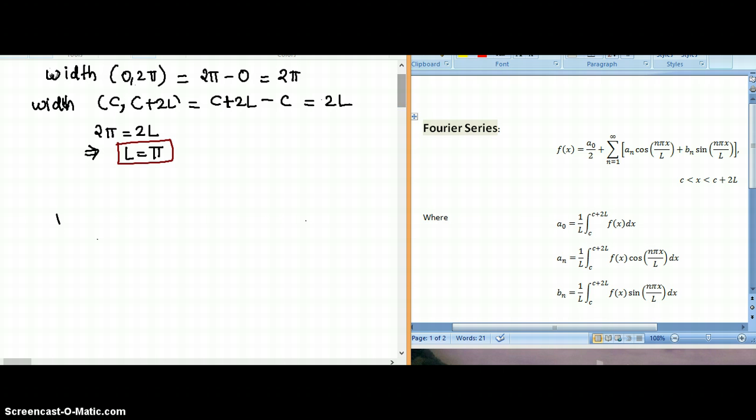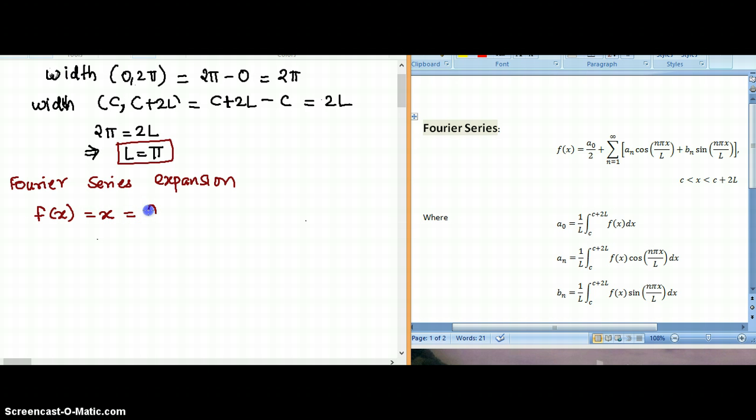Now we write the Fourier series expansion of our function f(x), which is x.